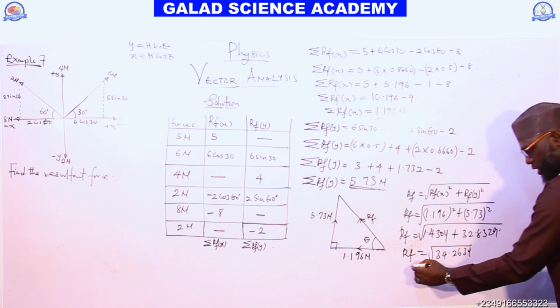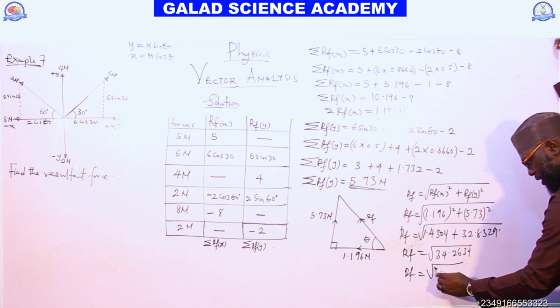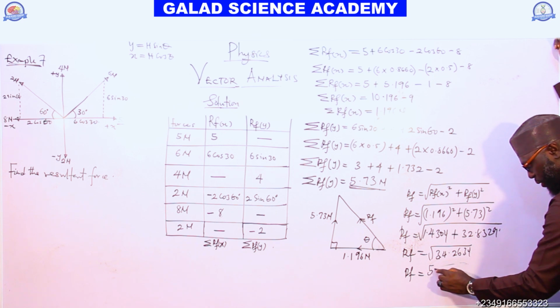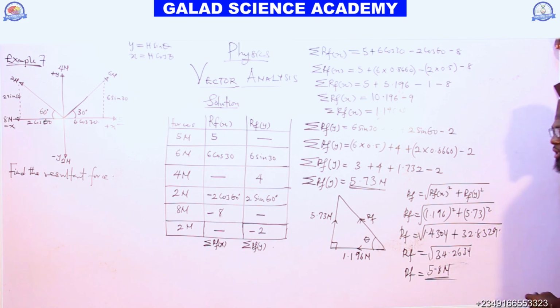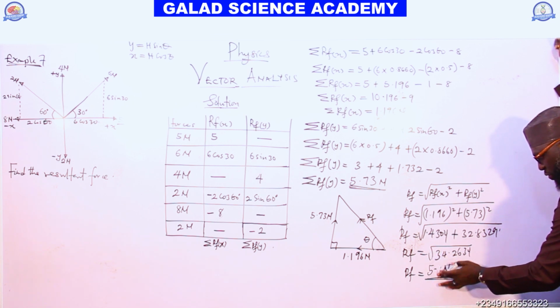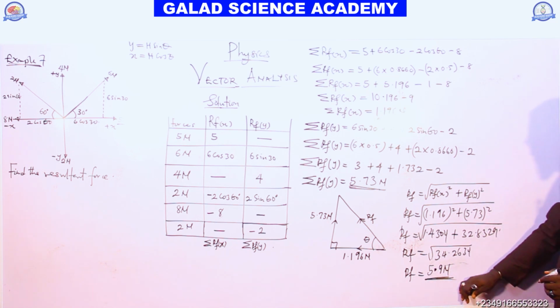So if you find the square root of 34.2, you press the calculator, it's supposed to give you 5.8 Newton. Or if I approximate, it will be 5.9 Newton.